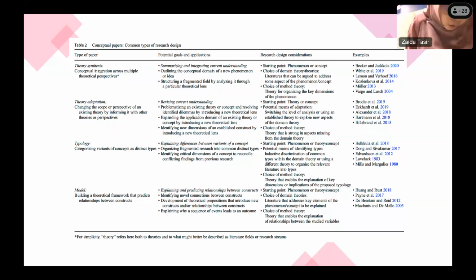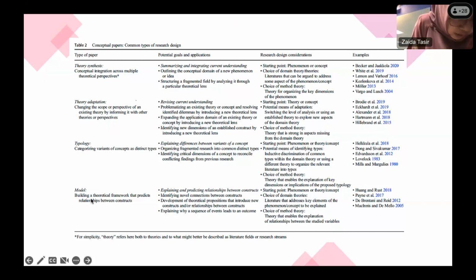Okay, in the concept paper, there are four types of concept paper. The first is where you are focusing on synthesizing theory; your conceptual paper will synthesize the theory, so it belongs to category one.